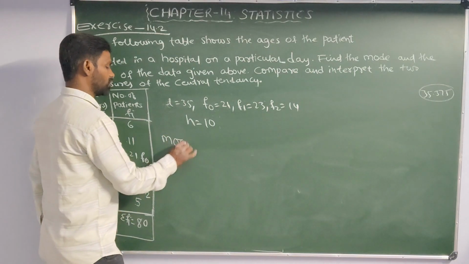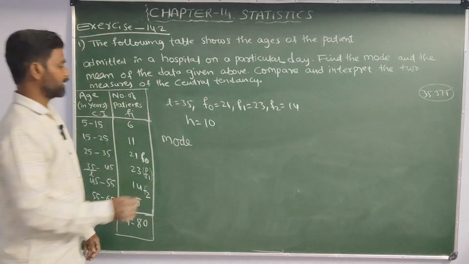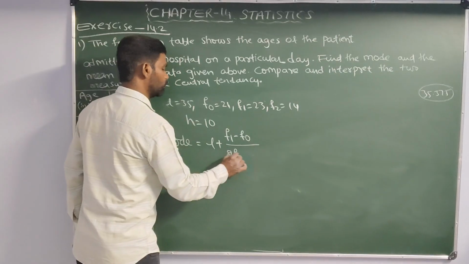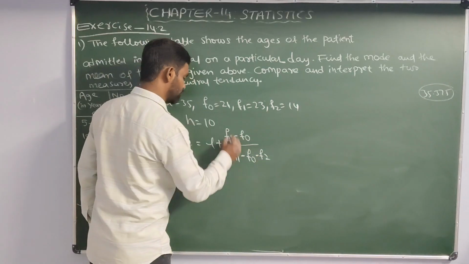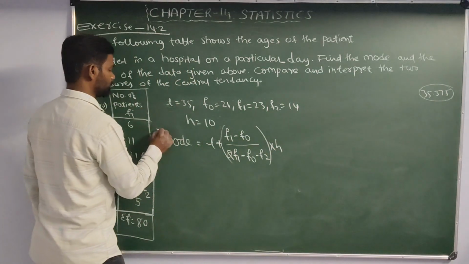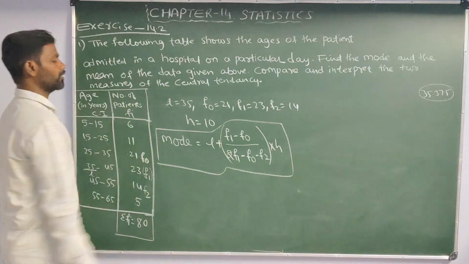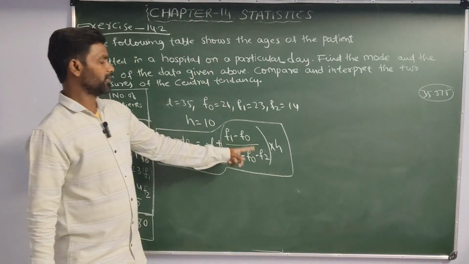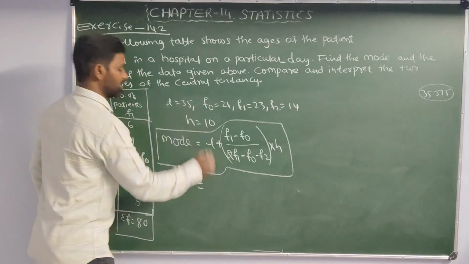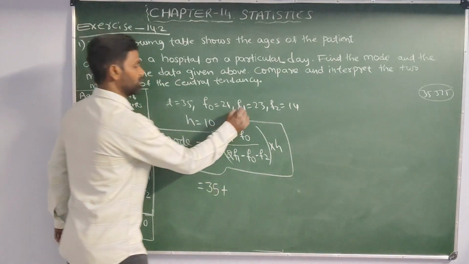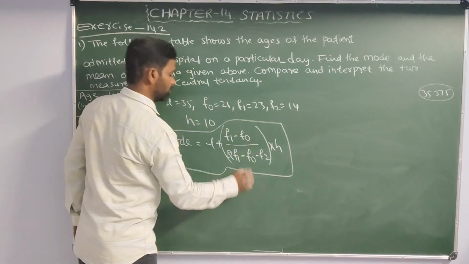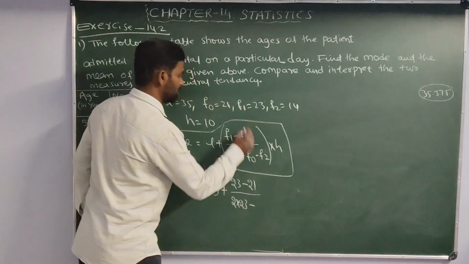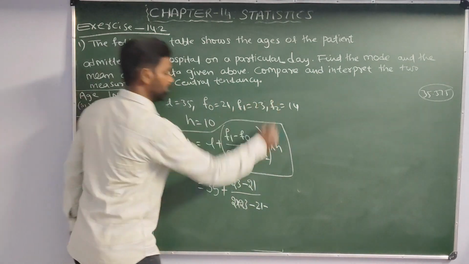Next, we have to write the formula. The mode of grouped data is L plus (F1 minus F0) divided by (2 F1 minus F0 minus F2), into H. So mode is equal to L plus (F1 minus F0) by (2 F1 minus F0 minus F2) into H. L is 35, plus F1 is 23 minus F0, 21, by 2 into 23 minus 21 minus F2, 14.